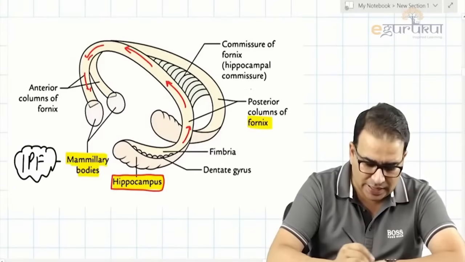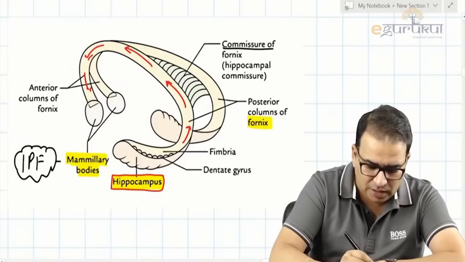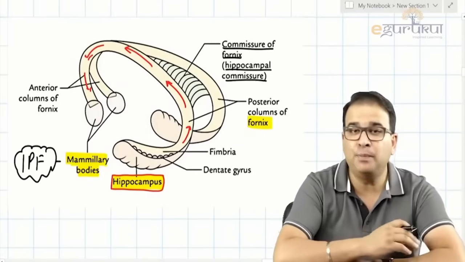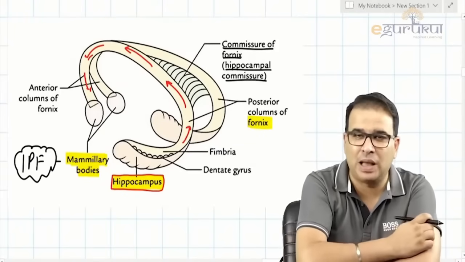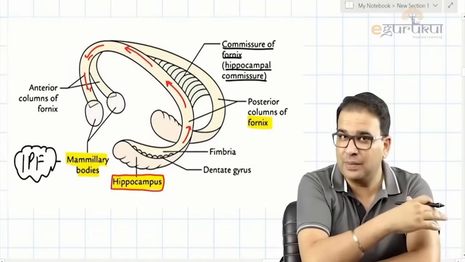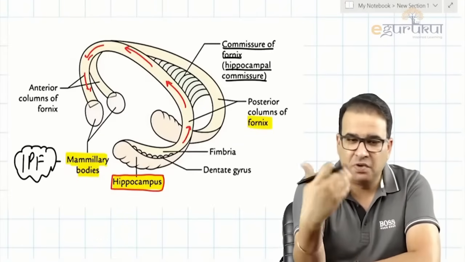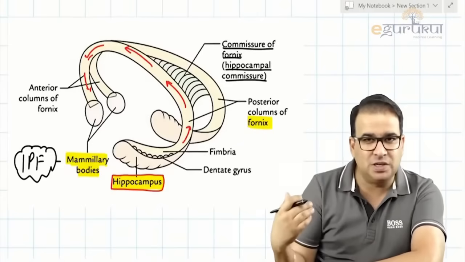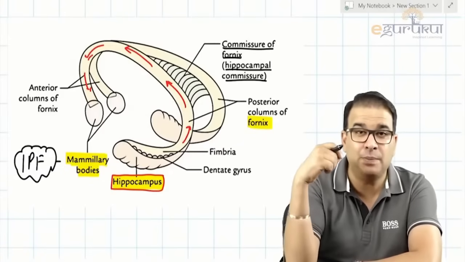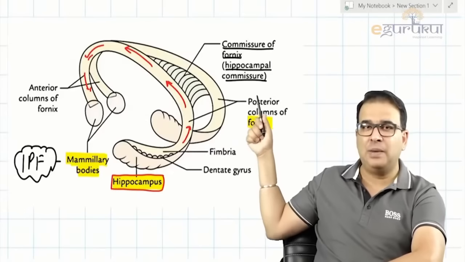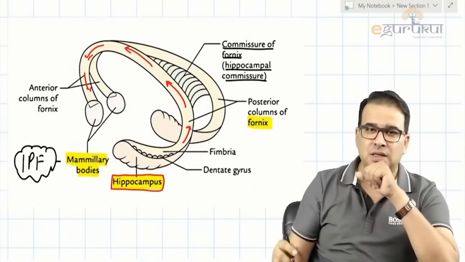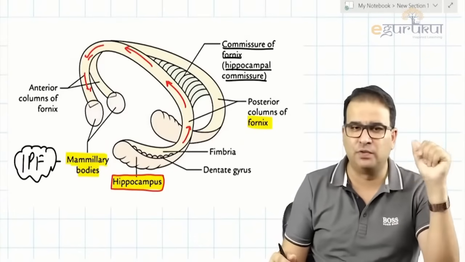These fornices are connected to each other by a white matter bundle called the hippocampal commissure. Talking about the commissural fibers, we have the anterior commissure, corpus callosum, posterior commissure, habenular commissure, and also the hippocampal commissure, which is simply connecting the columns of the fornix.